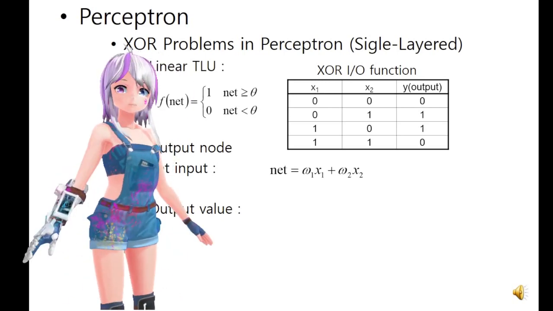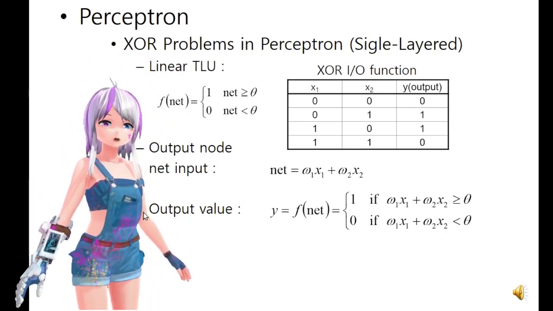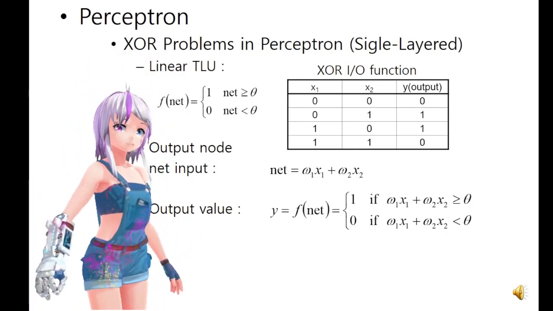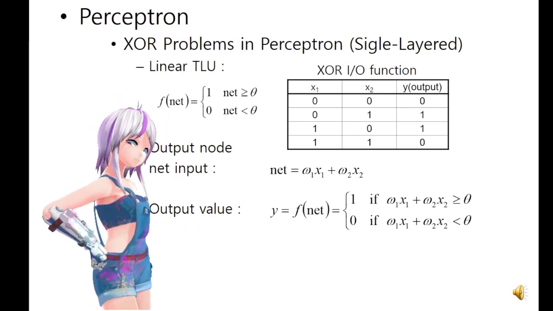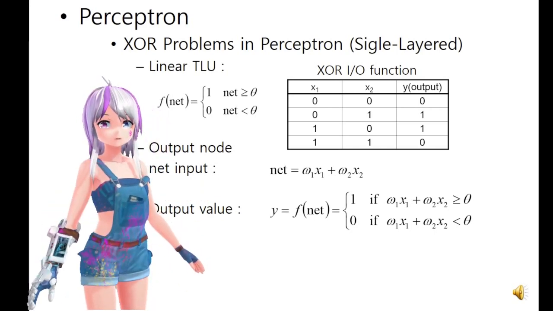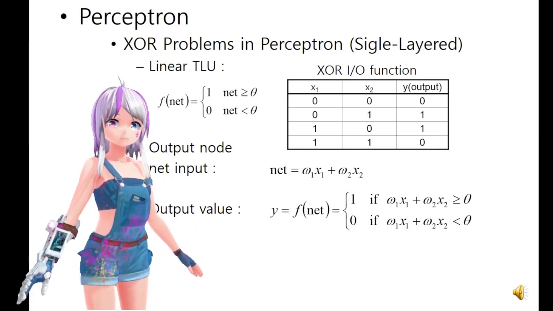Therefore, the output is 1 if w1x1 plus w2x2 is greater than or equal to theta, and 0 if w1x1 plus w2x2 is less than theta.